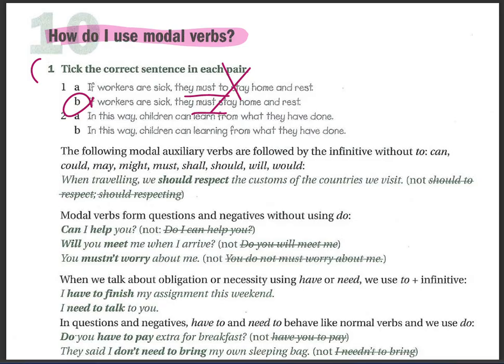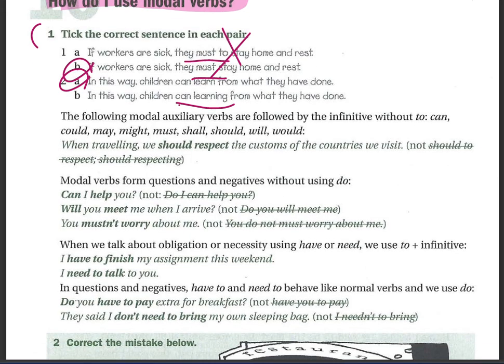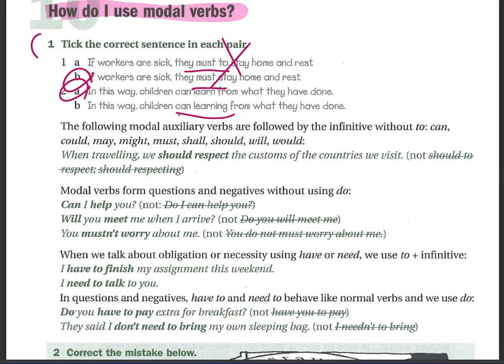Look at question 2. A. In this way, children can learn from what they have done. B. In this way, children can learning from what they have done. It's A. Very good. After can, the base form of the verb is used. So let's read the rules together. The following modal auxiliary verbs are followed by the infinitive without to.